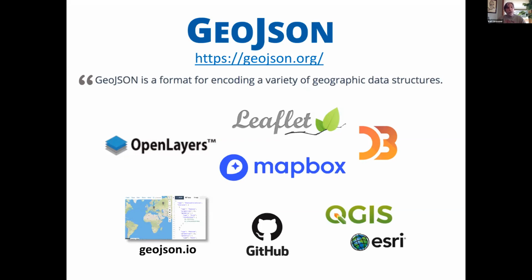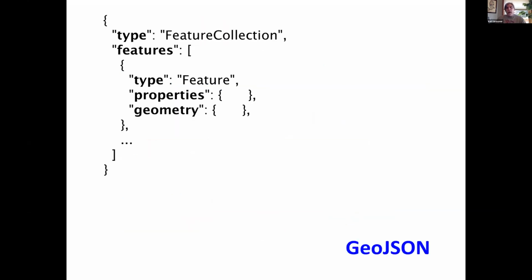It's more or less a de facto standard, in fact, from my perspective, for the data that web maps render. GeoJSON looks something like this. At its core, it's quite simple. You have feature collections, consisting of features, and features can have properties, which can be anything at all, and they can have geometry.